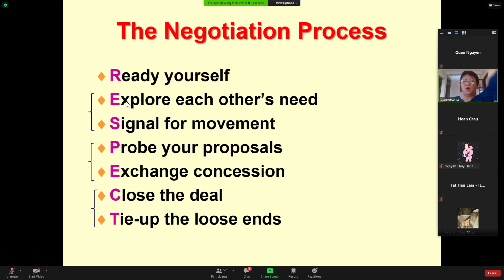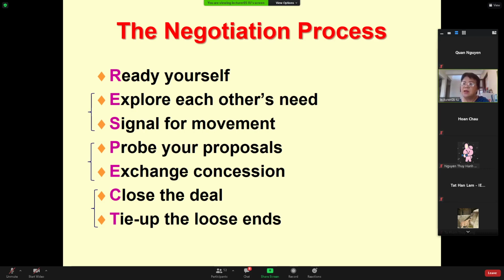Number two, you explore the other party's needs, the needs of your supplier, and signal for movement, drop your proposal, exchange your concessions, close the deal, and tie up the loose ends.